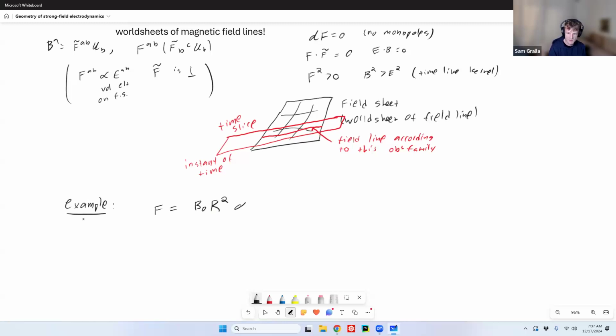These are just some parameters. B naught is the typical field strength. R is a stellar radius. You could combine these together into a parameter, but this is a nice way to think about it. And I'm going to write it in this sort of differential forms viewpoint. So this solves force-free.